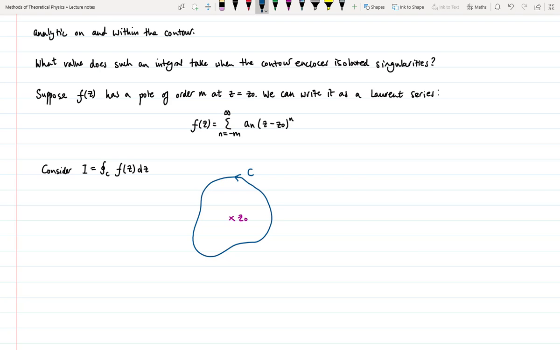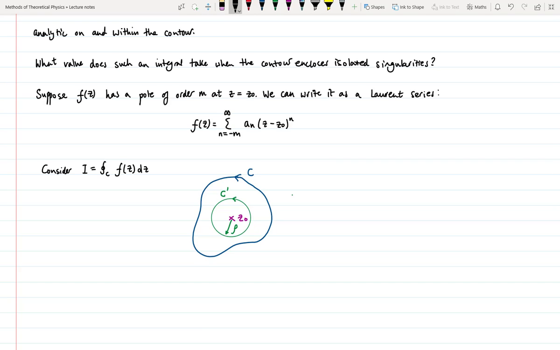This is our contour C. Well, we know that Cauchy's theorem allows us to deform this contour C through regions of analyticity without changing the value of this integral that I've labelled with a capital I. Let's choose to deform our contour to a new contour C' that is a circle of radius ρ centred at this singular point Z0. So this circle has radius ρ. And let's call the contour here C', which is also traversed in the anti-clockwise sense.